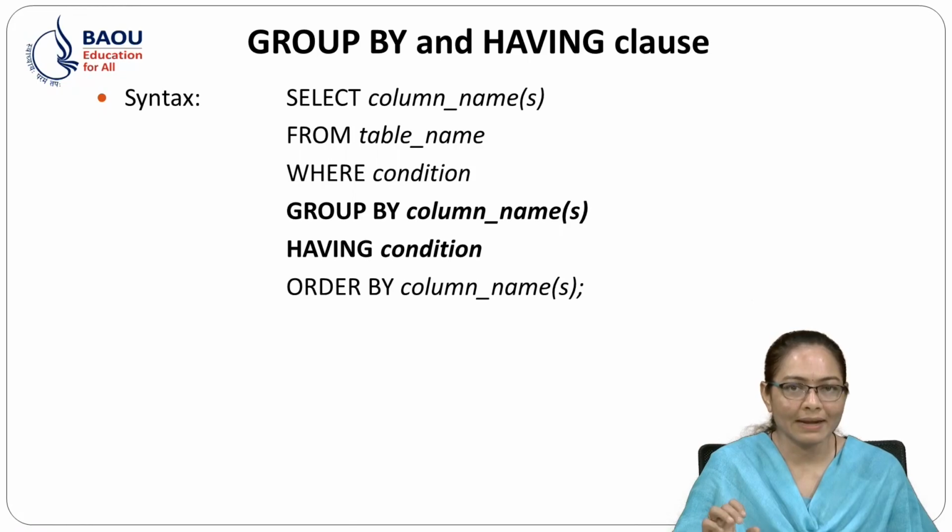The group by and having are used together. If you don't give a condition, you can also use group by individually. If you use particular groups only, then the having condition is used, and then order by with the column names.